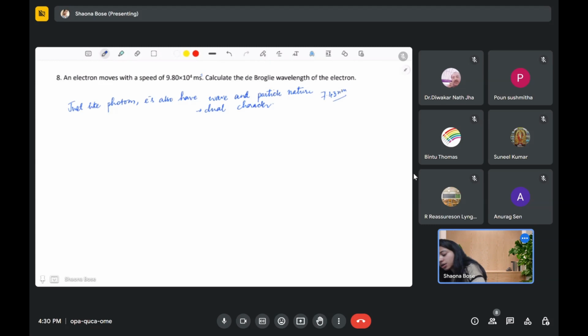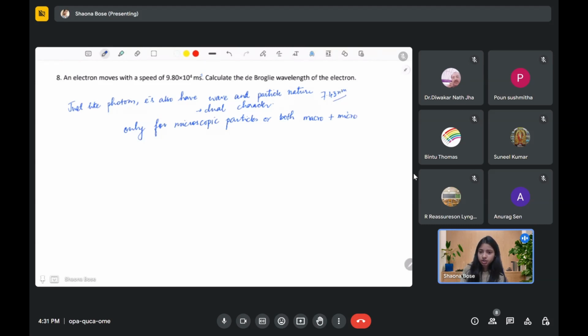Is this only for microscopic particles or both macro and microscopic particles? This particular de Broglie's hypothesis. Can anybody tell me that? Yes, this is both for macroscopic and microscopic. Okay.